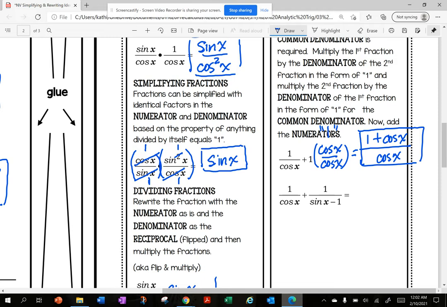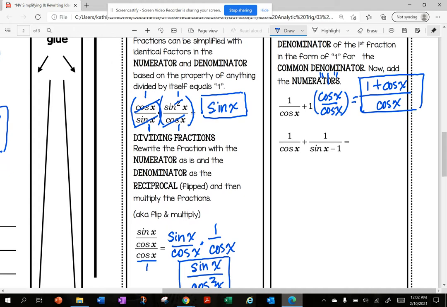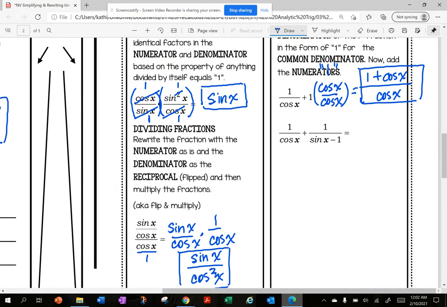Okay, so when I have two different denominators, I want to multiply each by the other's denominator over itself as 1. So I'm going to multiply 1 over the cosine of x times sine of x minus 1 over sine of x minus 1, plus 1 over sine of x minus 1.